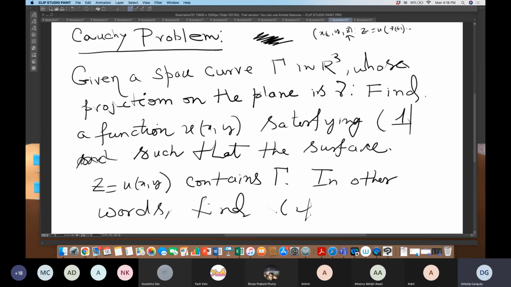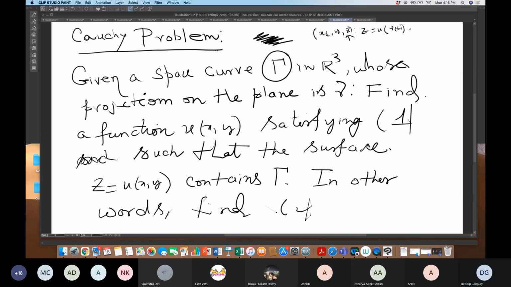That means gamma should lie on the surface. What is gamma? Gamma is a space curve. Any point on the surface is (x, y, z). So gamma lies on the surface means that for gamma there are three components, x(t), y(t), z(t). So z(t) we should write in terms of u of x(t), y(t). You understand?